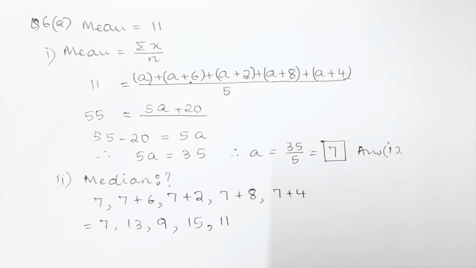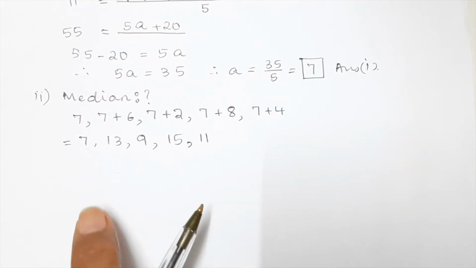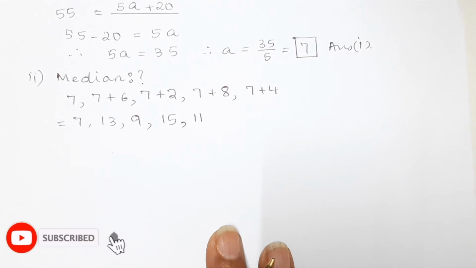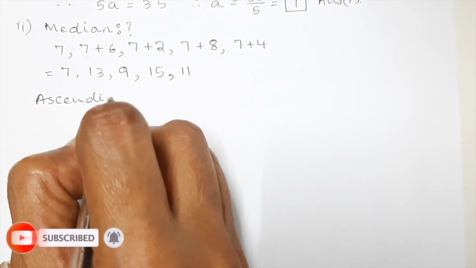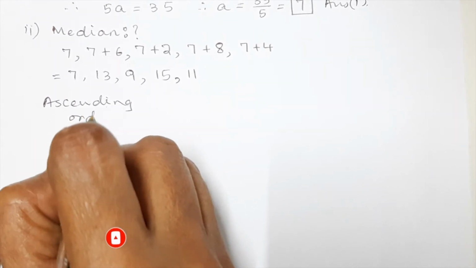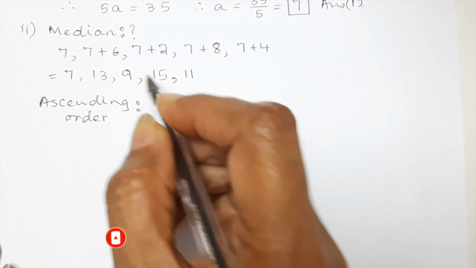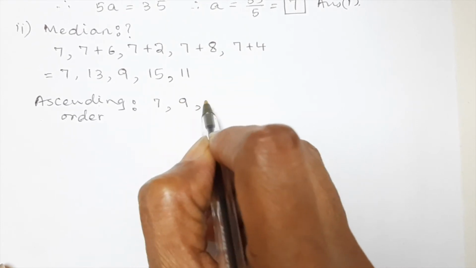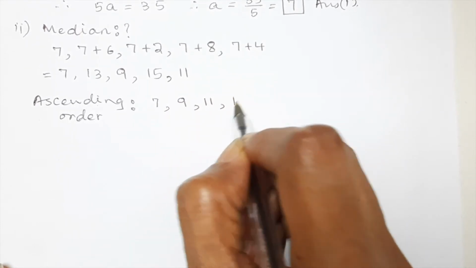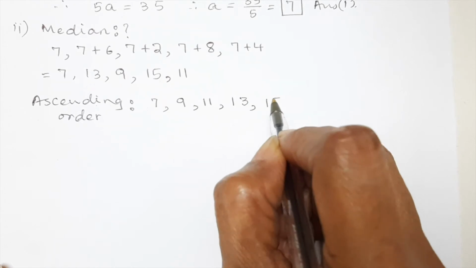When we have to find the median, we have to arrange them in ascending order. So we will write the ascending order of the observations will be, first will be 7, then 9, then 11, then 13 and then 15.